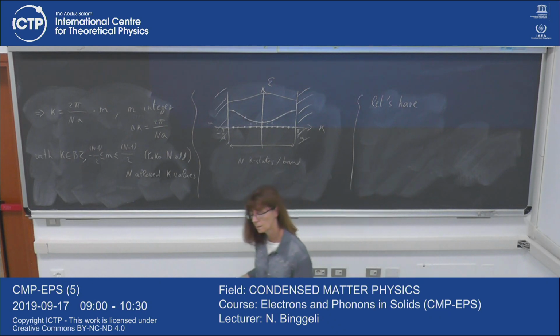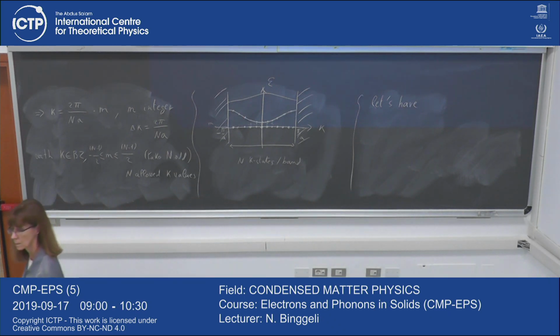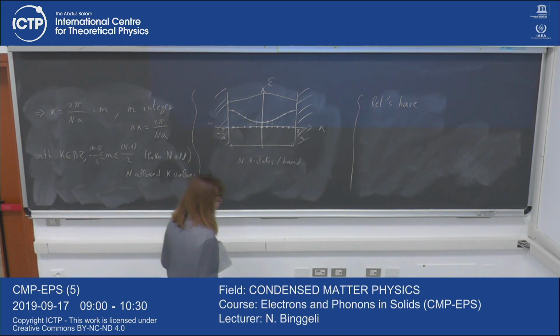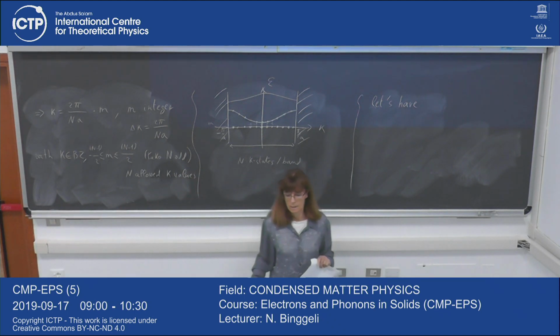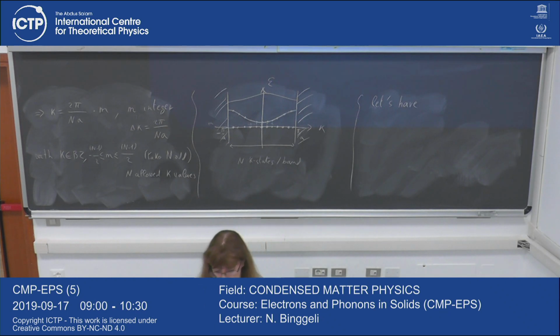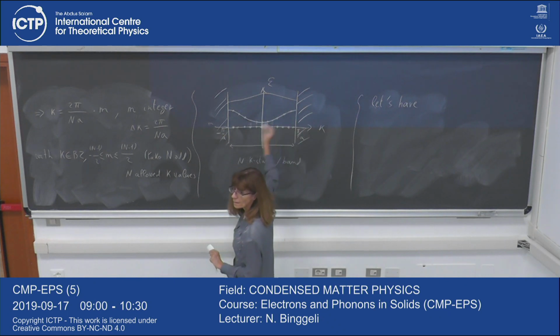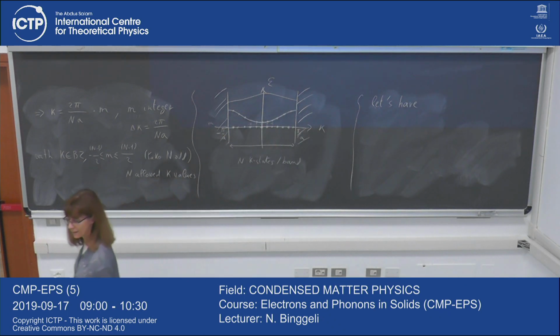Does this mean the band is not continuous, it is just points? Okay, if you solve the equation h of k u k equals epsilon k u k, I mean the equation that we saw, you will get a band. And now I'm discussing the filling.